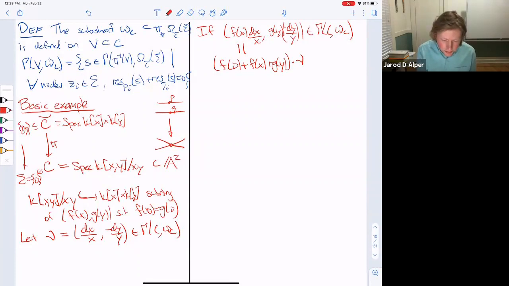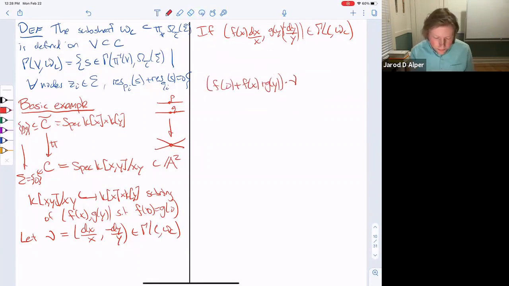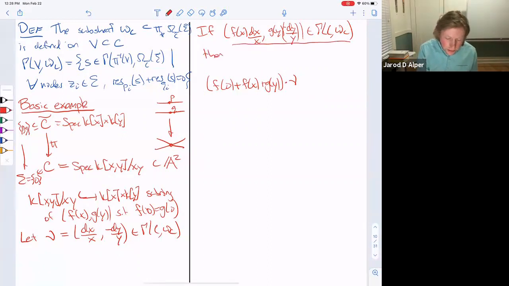So note that if we have this differential here, then necessarily the defining feature is that the residues are opposite.